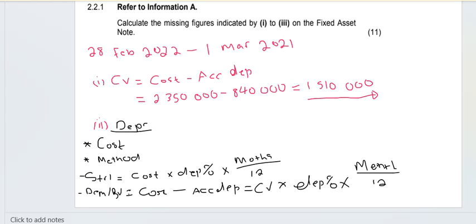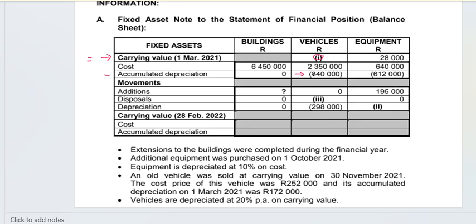Okay. So now let us come here and look at what we've been given. Under equipment, there are three kinds of depreciation that you must be able to calculate. Judging on the past papers that I have been analyzing, there is no way you can come across only newly introduced assets.